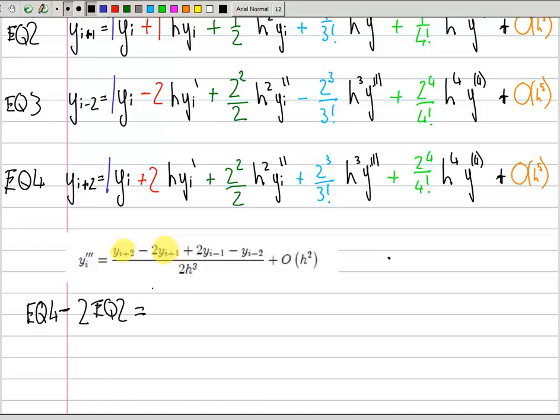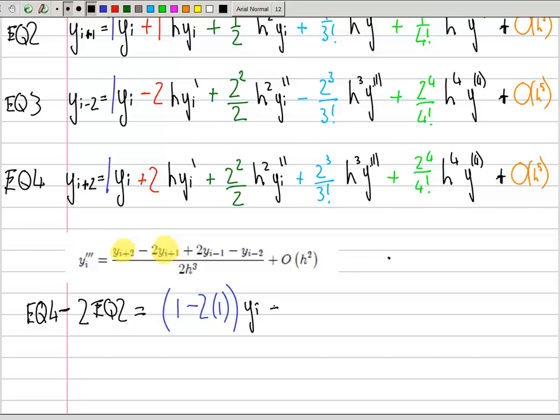So if we end up doing that, let's start assembling this. So equation 4, we have 1 minus 2 times equation 2, which is also 1. And that is our y_i.